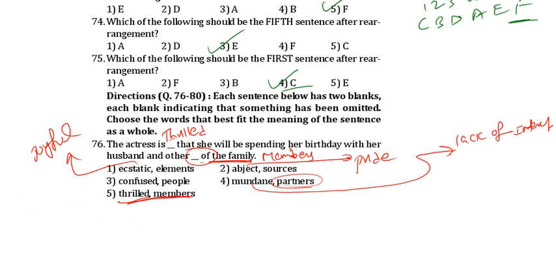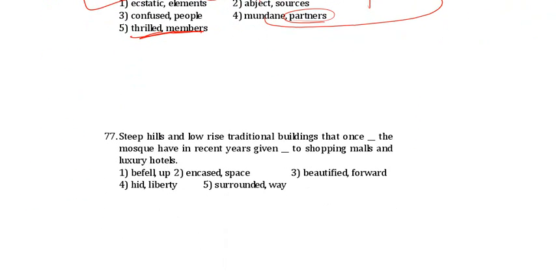See the next question. Steep hills and low-rise traditional buildings that once dash the mosque have in recent years given dash to shopping malls and luxury hotels. Steep hills and low-rise traditional buildings that once surrounded the mosque have in recent years given way to shopping malls and luxury hotels.